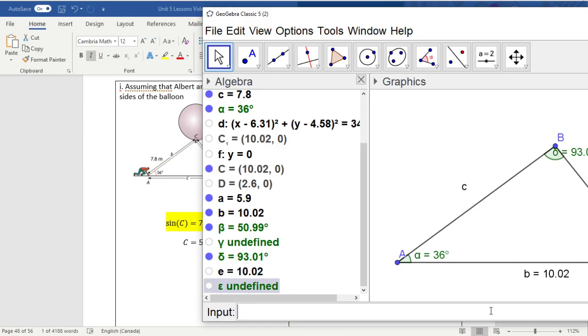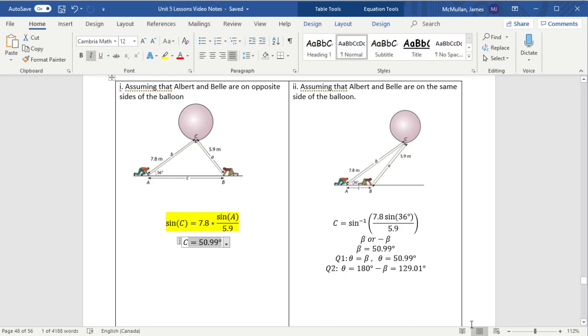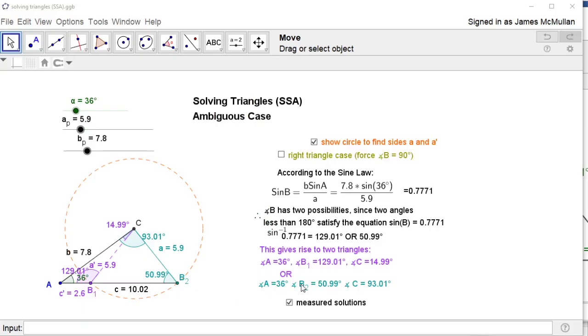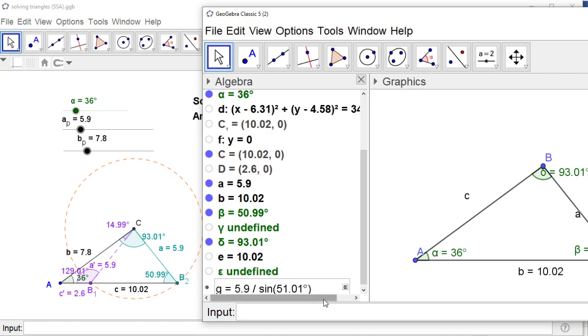Let's observe. 5.9 divided by sine 50.99.